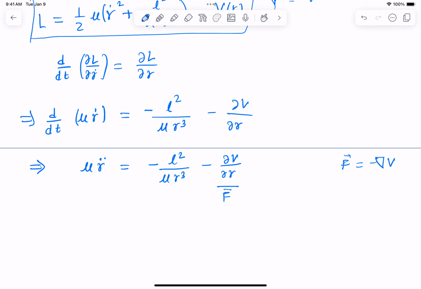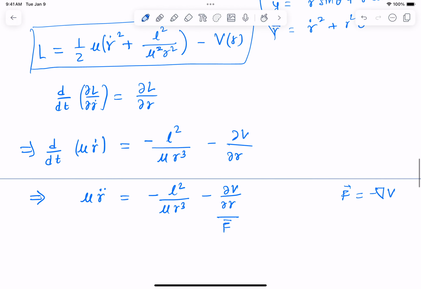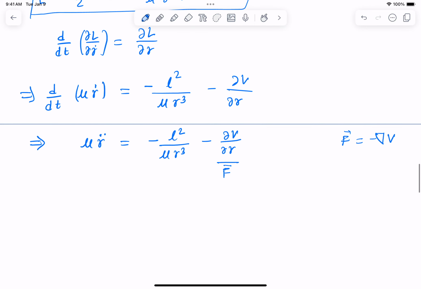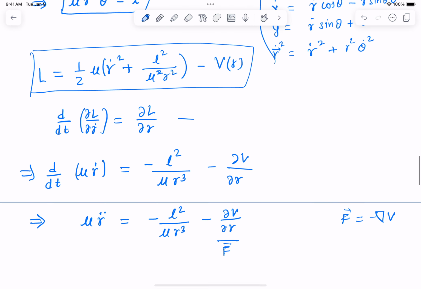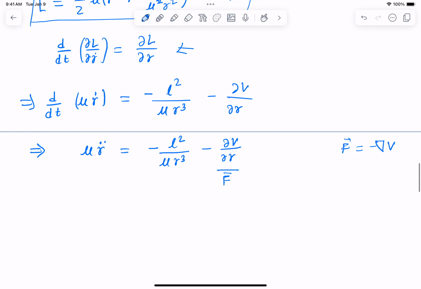So the second term is like a force, and what is this first term? We don't know what this first term is. So actually, one way of looking at this first term is, if we go back to our Euler-Lagrange equation, let's look at the Euler-Lagrange equation all over again. The first part is simply mu r double dot, right?